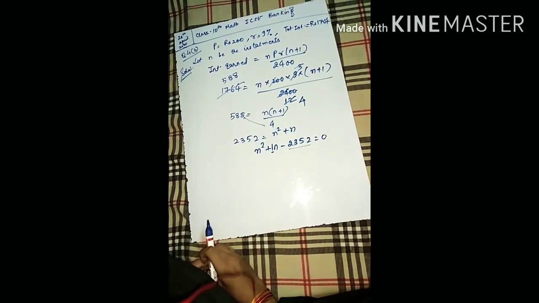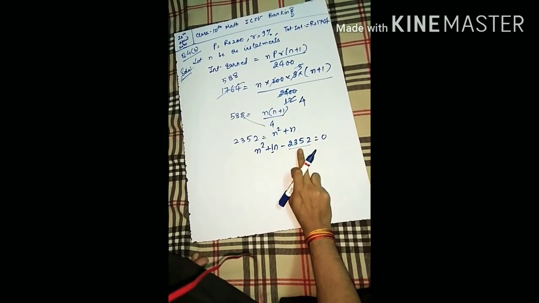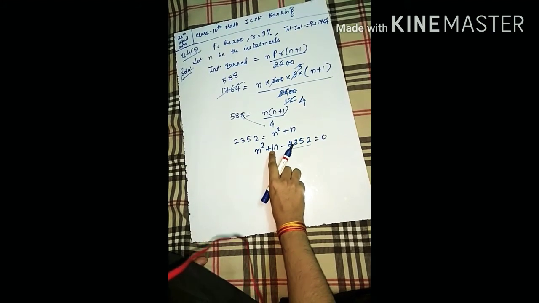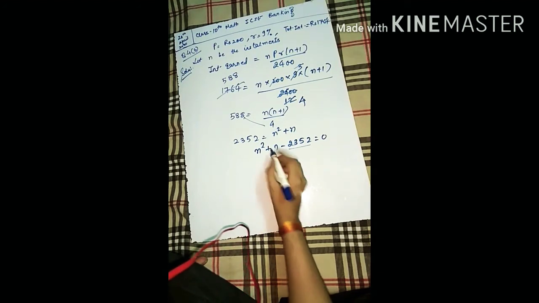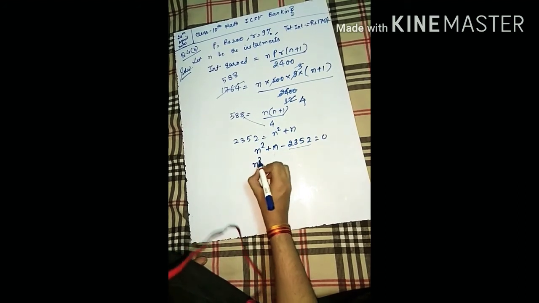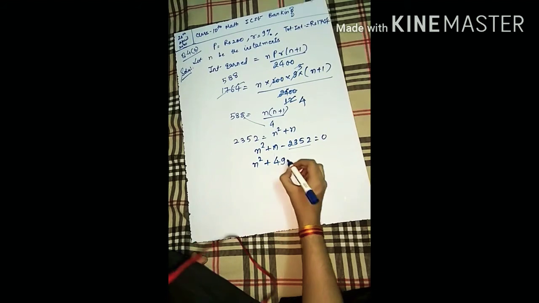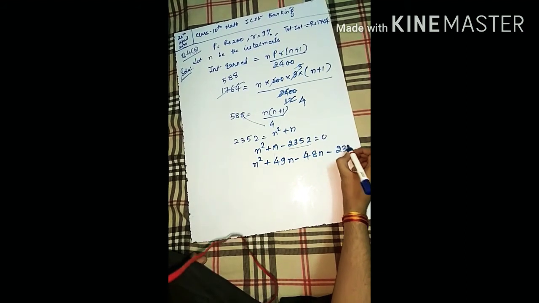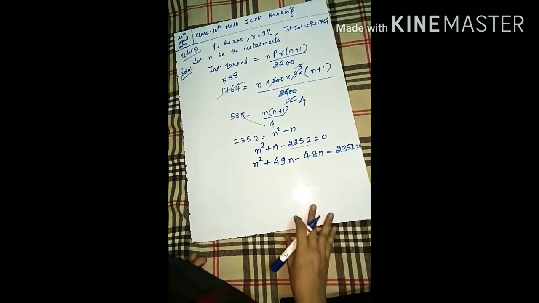As we have done in the 9th class, we find the factors, and with the help of those factors, on adding or subtracting, we try to get the middle term, and we split the middle term in that way. So n square plus 49n minus 48n minus 2352 equal to 0.